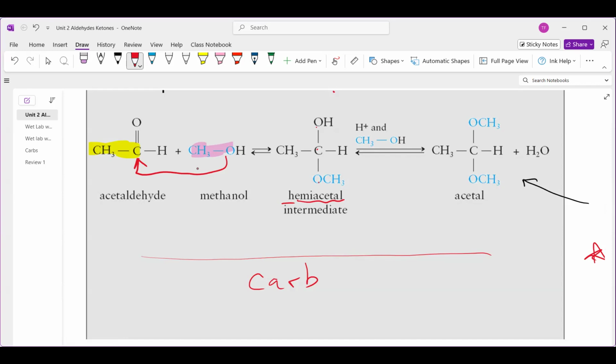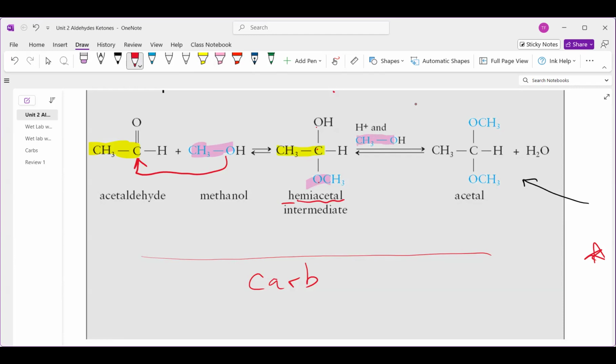Okay. However, with a little acid thrown in and the same alcohol or a different one, you can do the same thing. We're going to have a carbon backbone. This is the original carbon backbone. This is the new backbone.